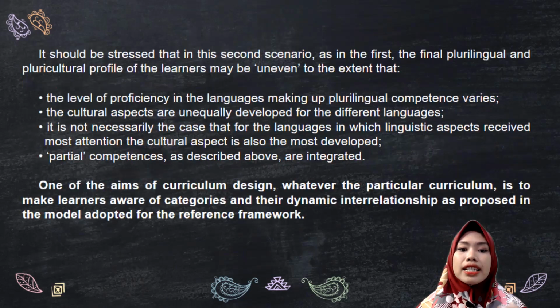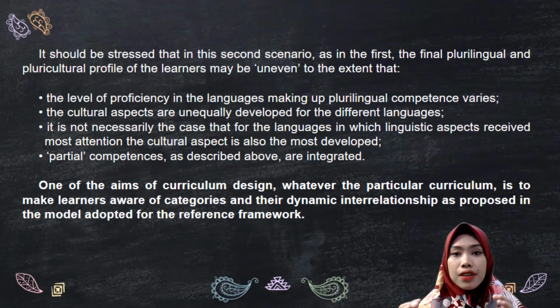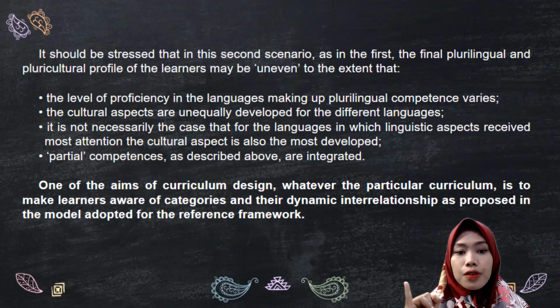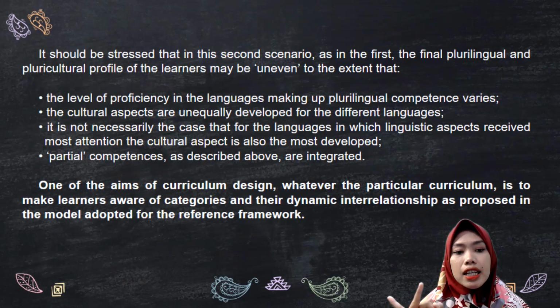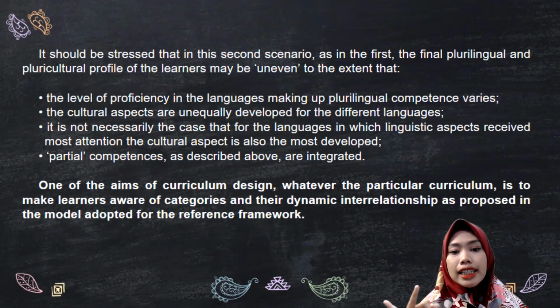It should be stressed that in the second scenario, as in the first, the vital plurilingual and pluricultural profile of the learners may be uneven to the extent that, first, the level of proficiency in the languages making up plurilingual competence varies. The second is that the cultural aspects are uniquely developed for different languages.